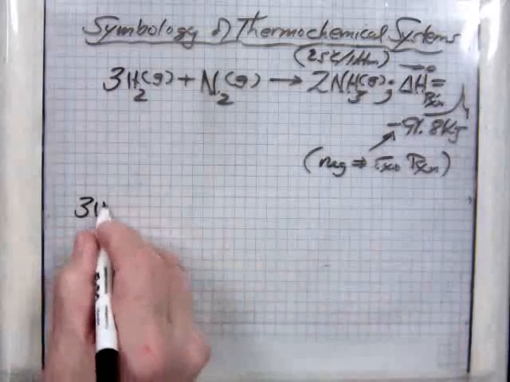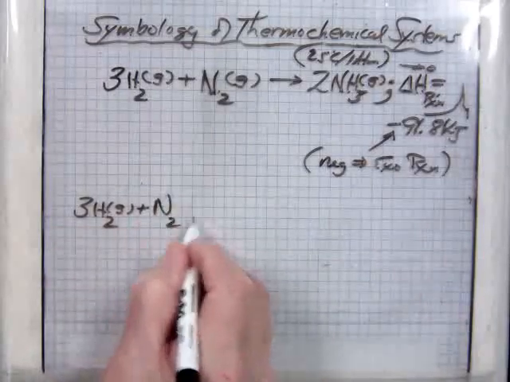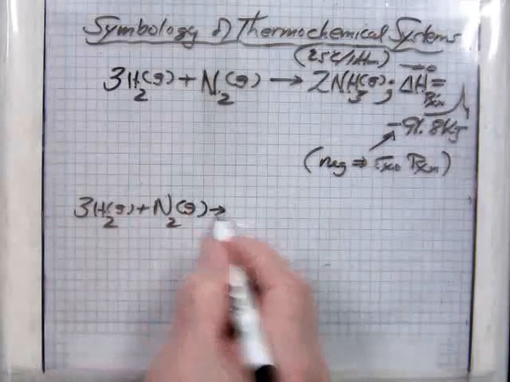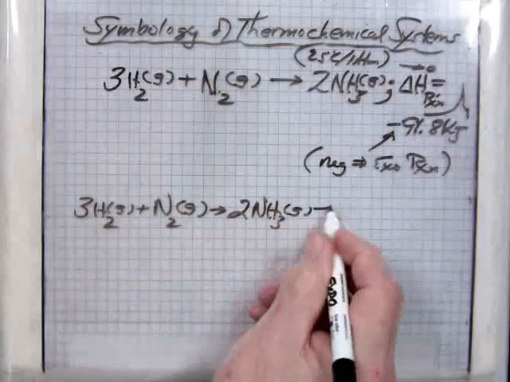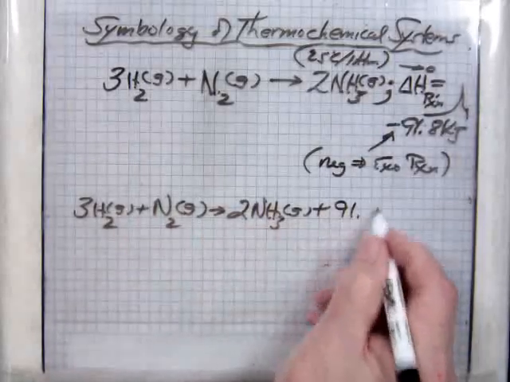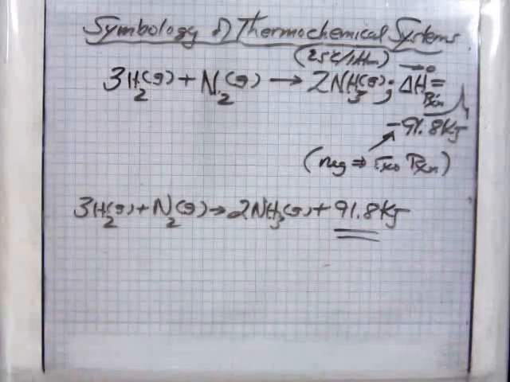I can write 3H2 gas plus N2 gas goes to 2NH3 gas plus 91.8 kilojoules. Notice I put the number on the end of the product side.